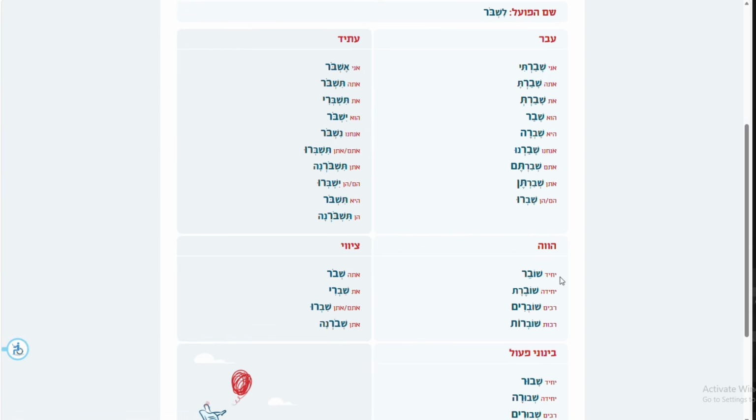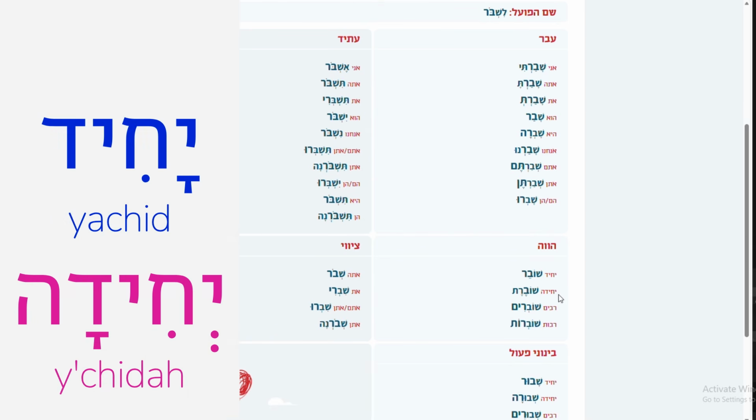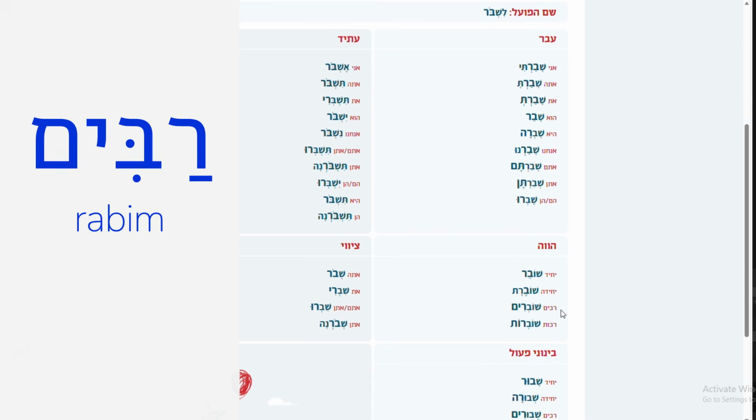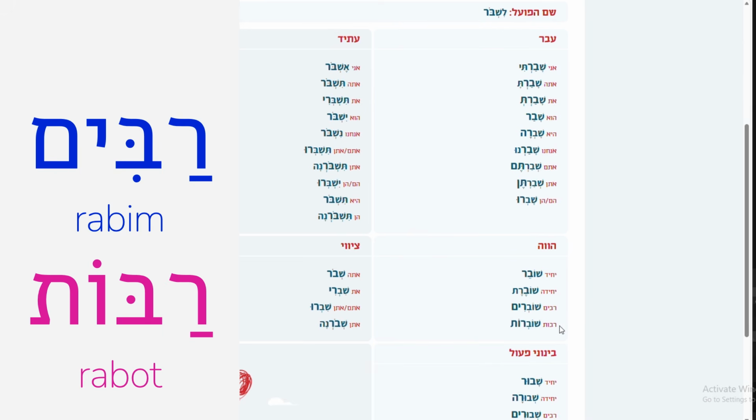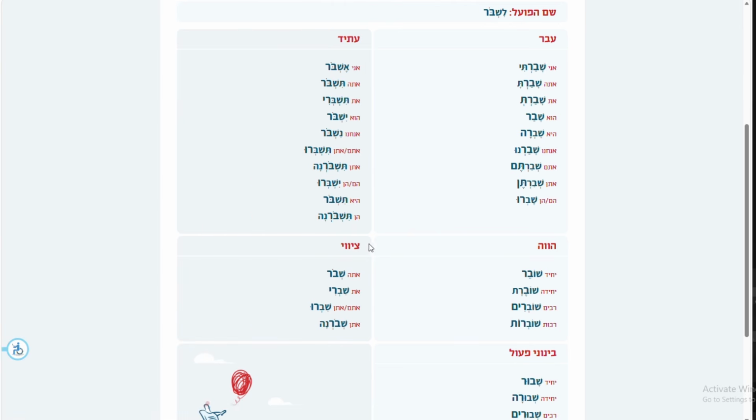The present tense has the forms yachid and yachida, masculine and feminine singular, and rabim and rabot, masculine and feminine plural. The imperative has a command form for ata, you masculine singular, at, you feminine singular, atem or aten, any plural you, and aten specifically, you feminine plural.